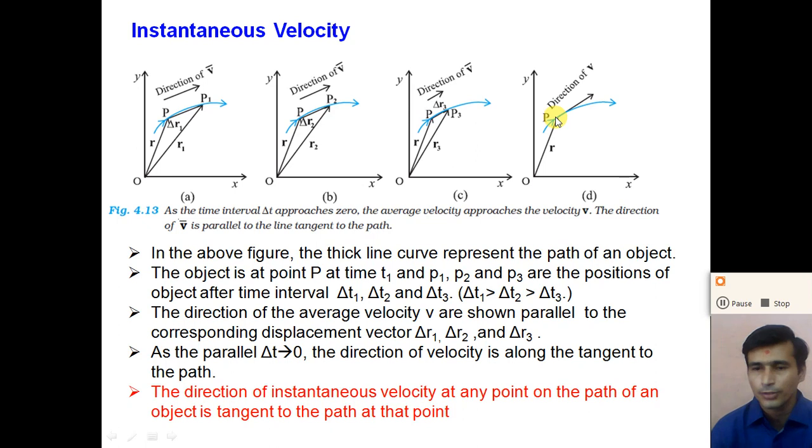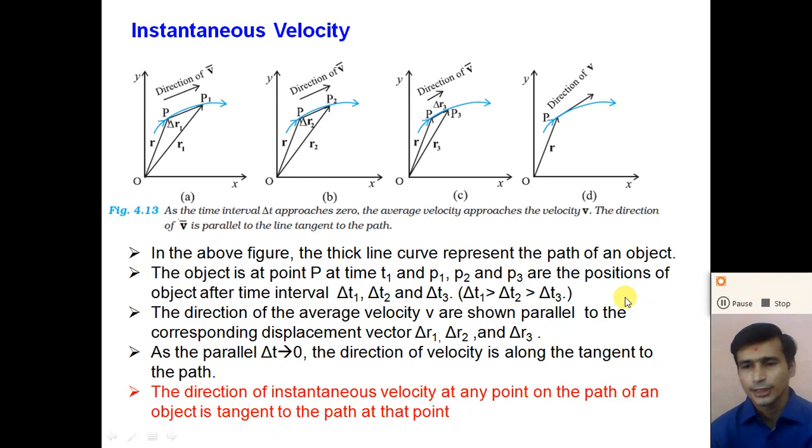If you want to calculate the velocity at a point P, if you draw a tangent at the point P, it gives the direction of the instantaneous velocity. So the direction of the instantaneous velocity at any point on the path of an object is the tangent to the path at that point.